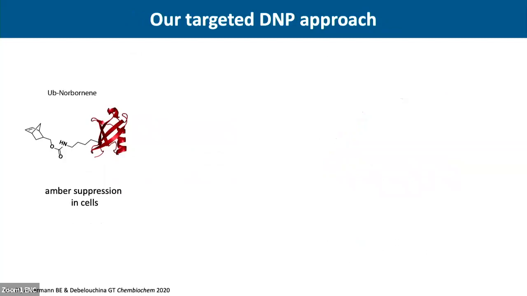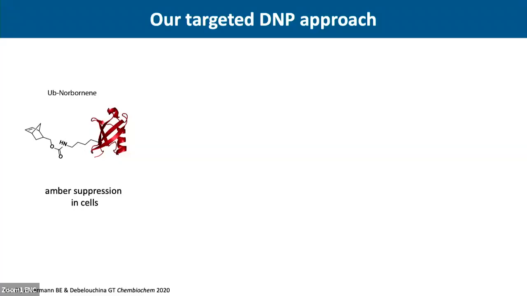So the way we do targeted DNP is a little bit different from everybody else. What we do is we take advantage of the molecular biology techniques that allow us to do genetic manipulation of biological systems inside the cells. And this allows us to install an unnatural amino acid inside the cells.